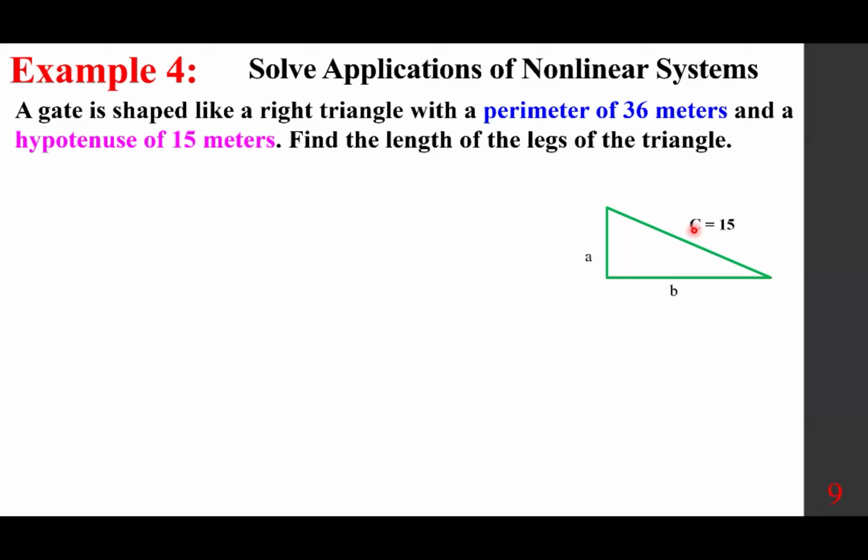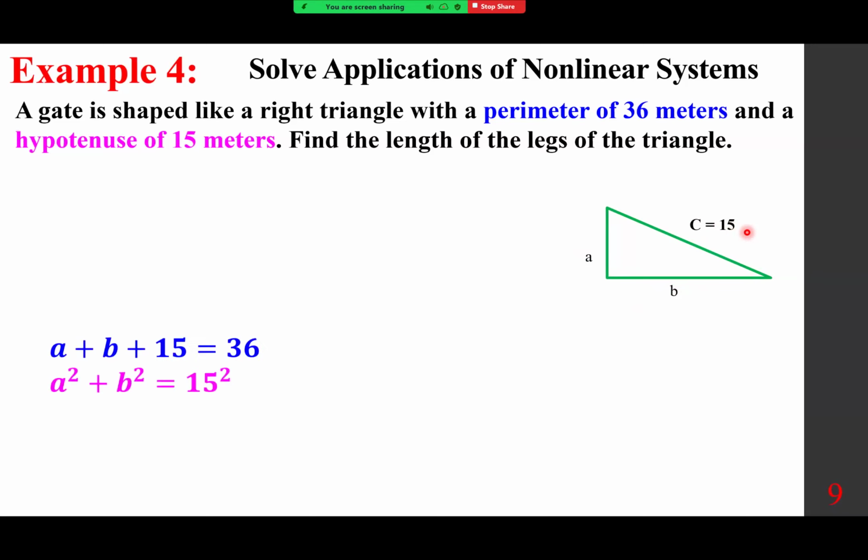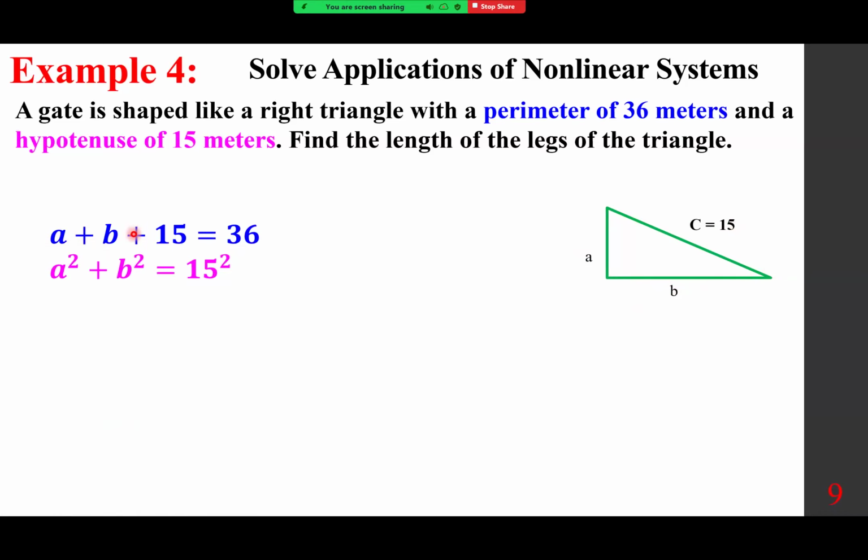The perimeter is 36, so they add up. A plus B plus C, and C is of course 15, must be 36 on the one hand. On the other hand, the Pythagorean theorem says A squared plus B squared is C squared, which is 15 squared. So this one, the perimeter is 36. Add up the sides, and one side is given as 15.